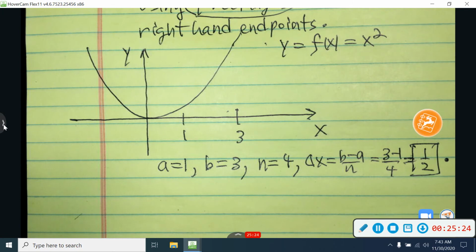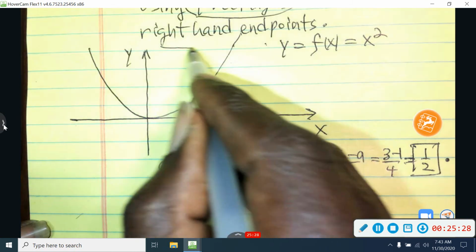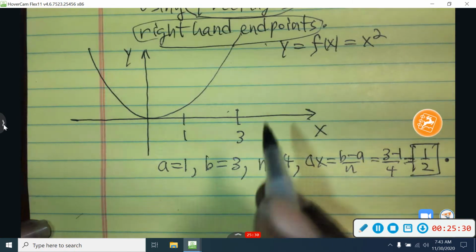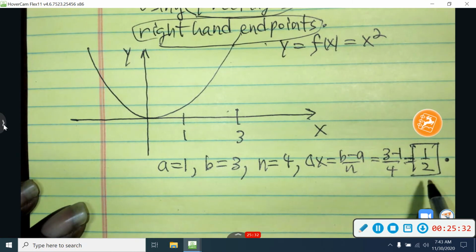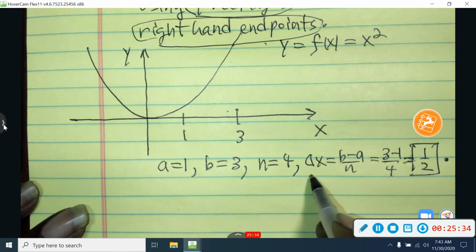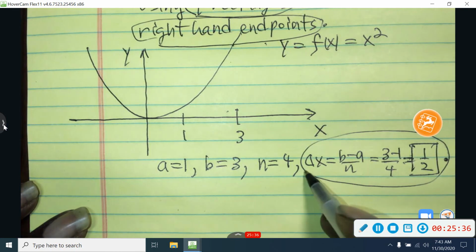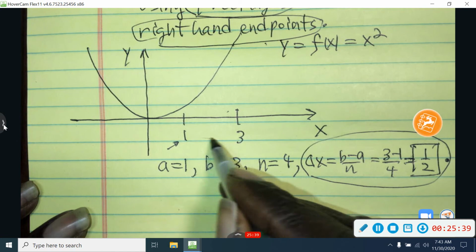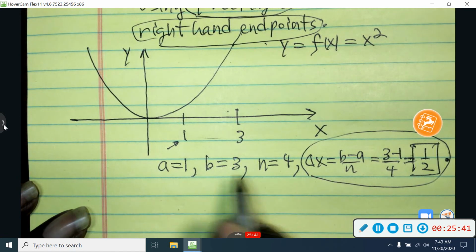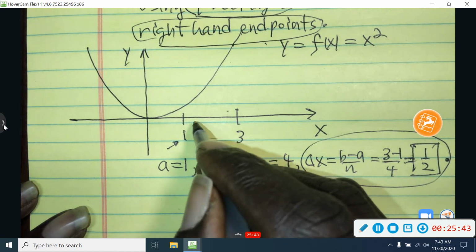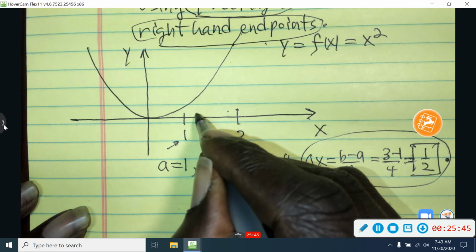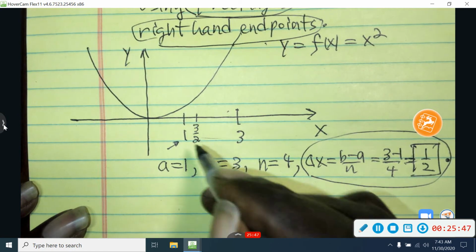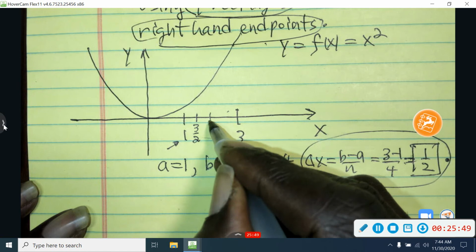We want to use the right-hand endpoints. Let's chop the interval up. I take the change in x, starting at my a, and keep adding it until I hit 3. If you add a half to 1, you get 3 halves. Add a half to that, you get 4 halves, or 2.